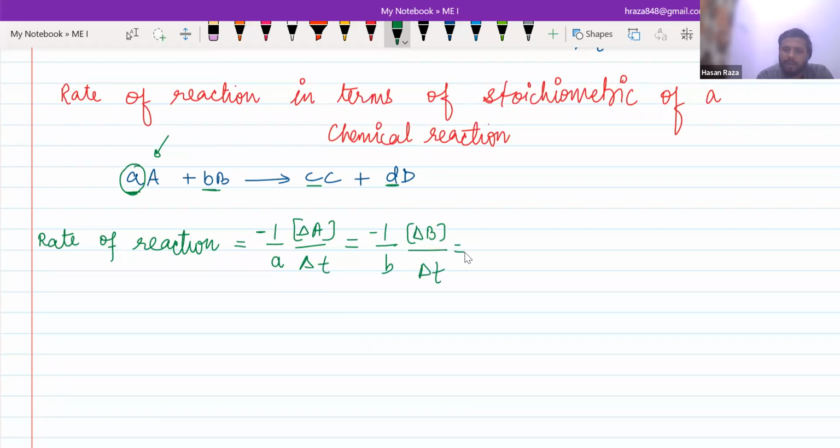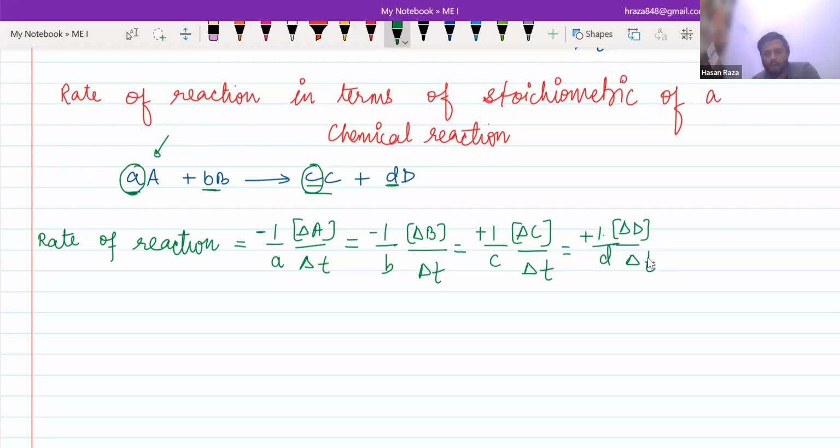Then there will be equal, and since it is product, you are going to put positive. Then look for the coefficient, C is the coefficient, so it will come in denominator, and then change in concentration of C upon delta t. Then again equal to, it is product, so I'm going to put a positive sign, and then 1 by D, and then change in concentration of D upon delta t. Are you getting my point?